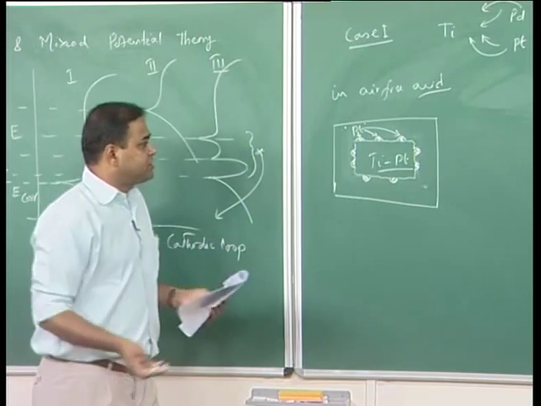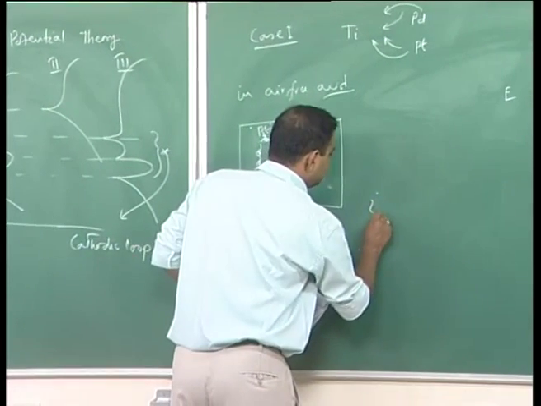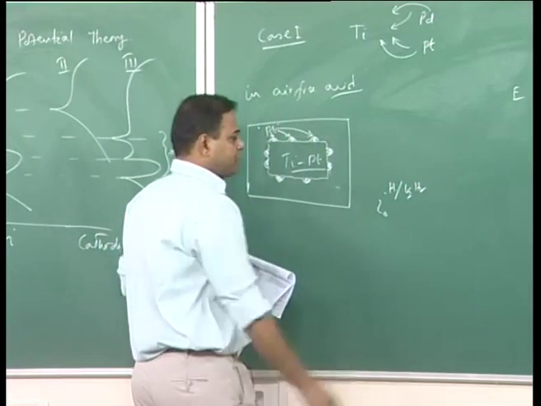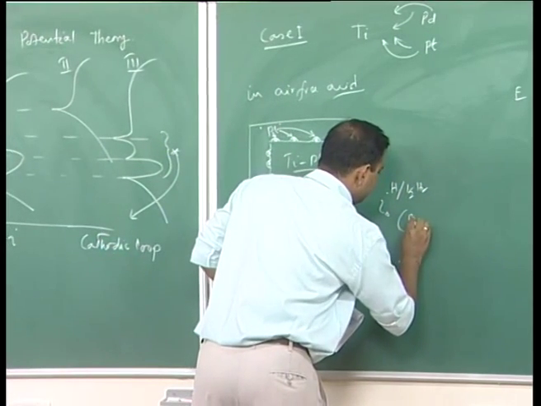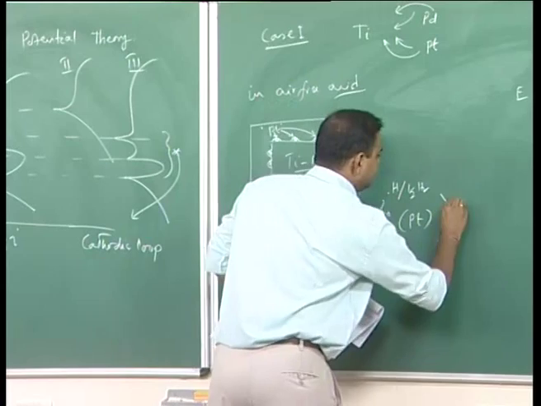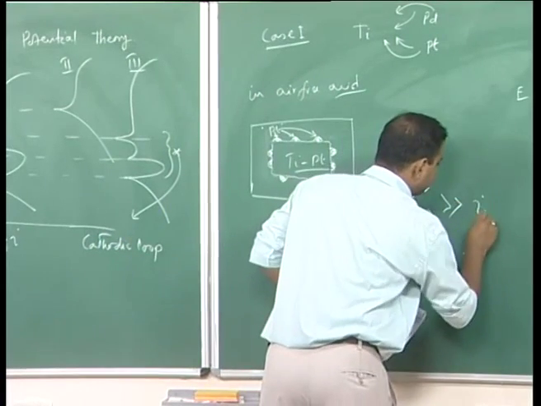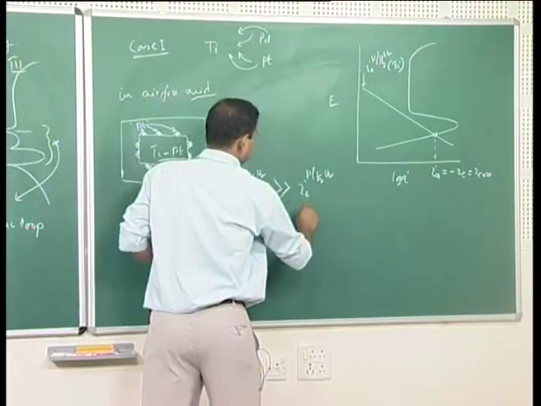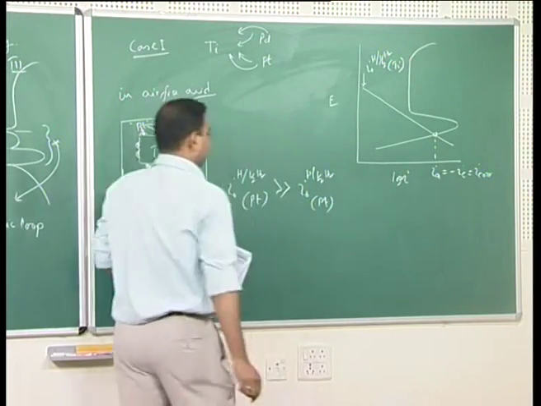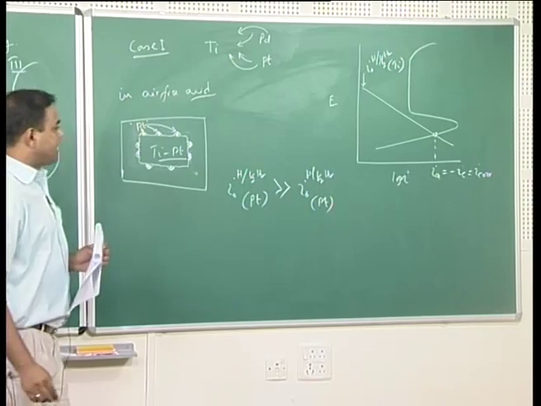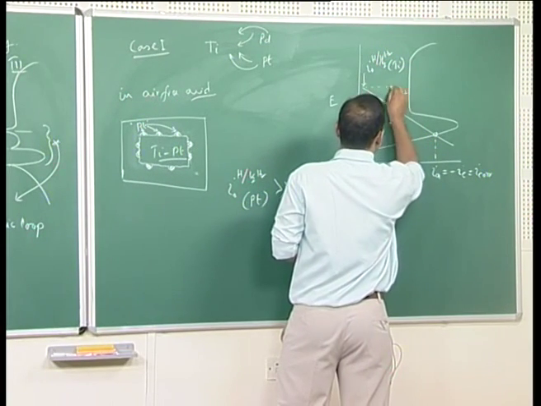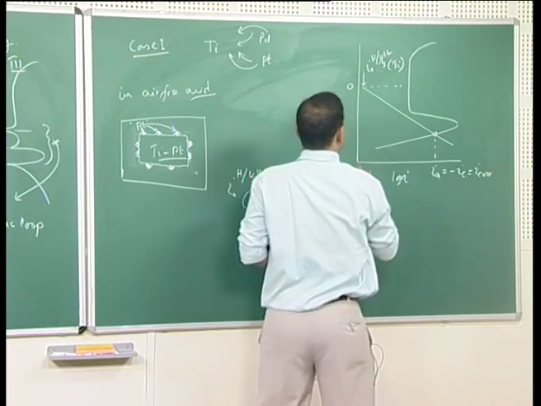The I0 of hydrogen evolution on platinum surface is very large compared to I0 on titanium. So, what would happen? This point will shift to this point. This is 0, let us say 0 volt.